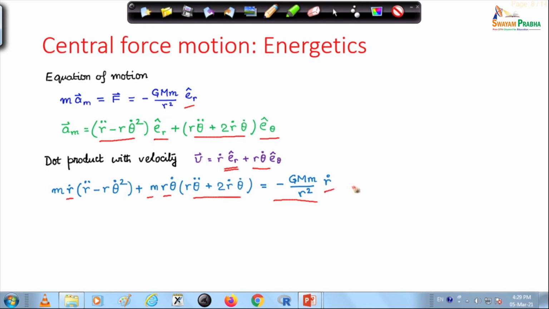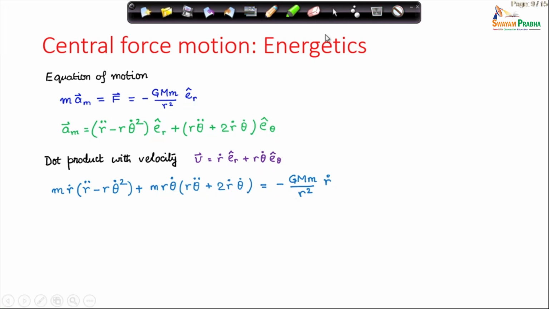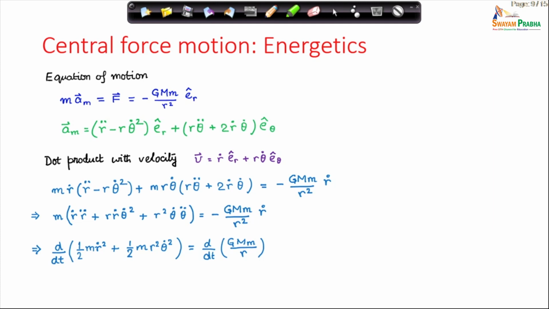Therefore, you have only r dot on the right hand side as a product. This gives us a scalar condition. I open up the bracket and simplify things, and it turns out to be this expression. I can recast whatever is in the bracket in this form: d dt, the total time derivative, of half m r dot square plus half m r square theta dot square.